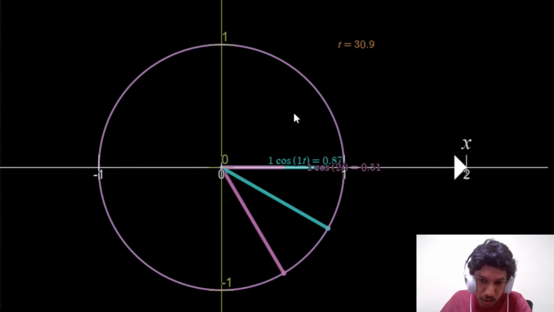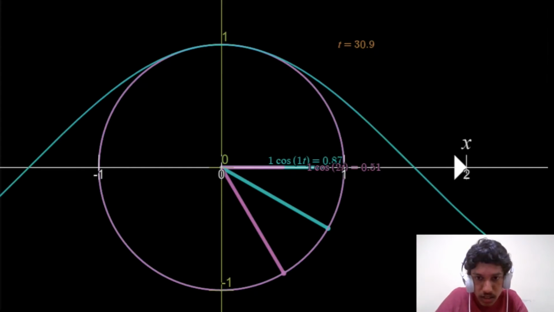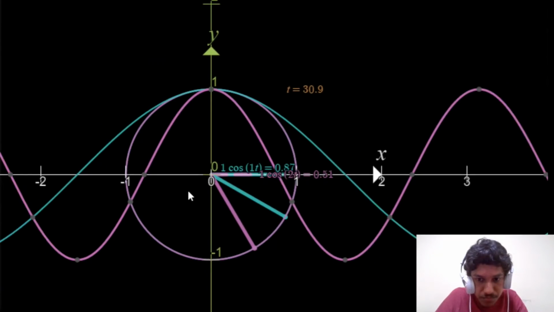So really, what we're graphing here, let me turn on the graphs because those can be more familiar.